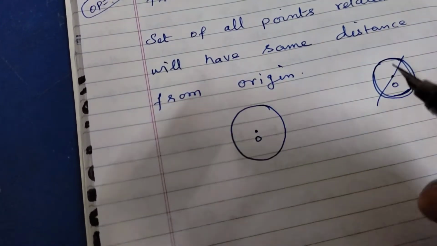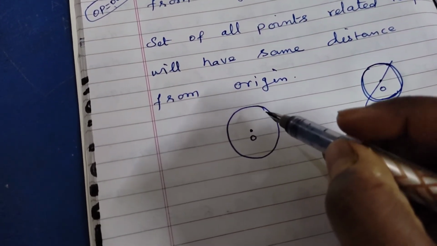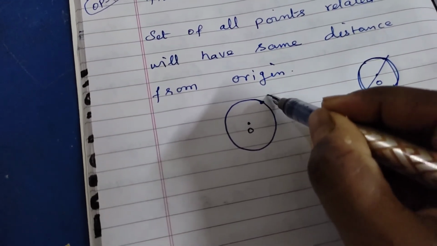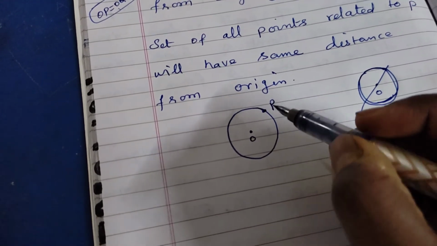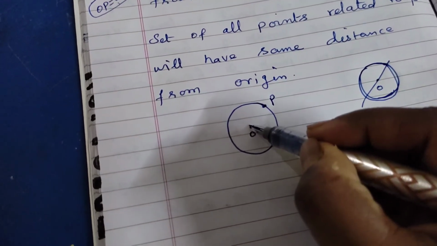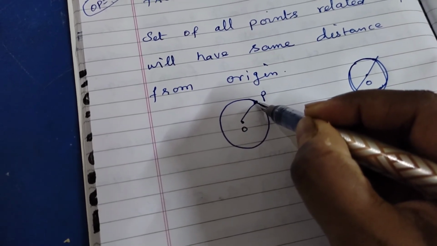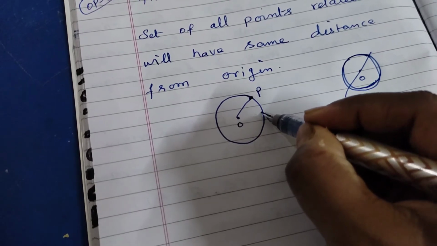Here we know that the distance of point P, assume this is the point P, from the origin is the same as the distance of point Q from the origin.